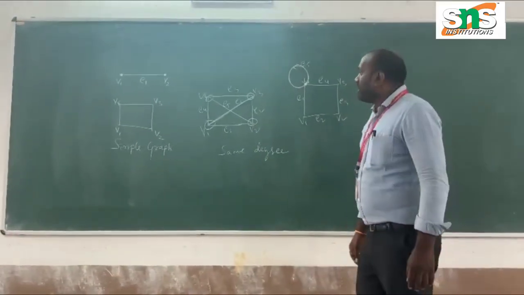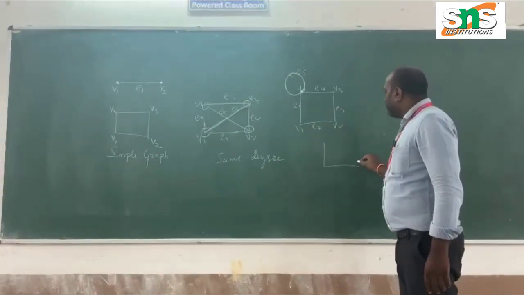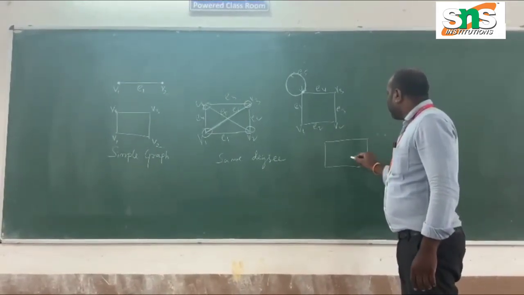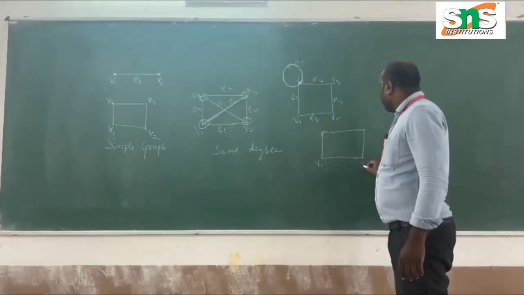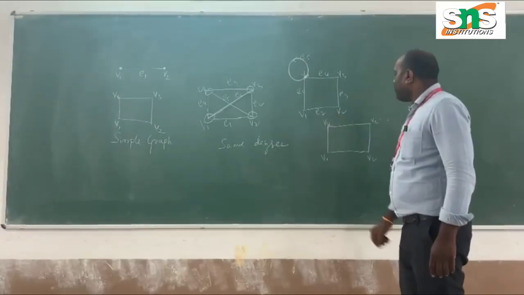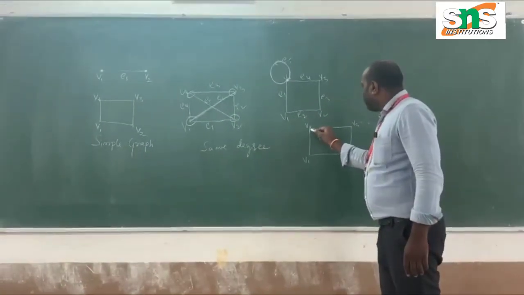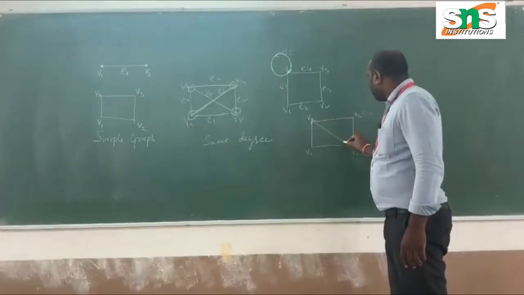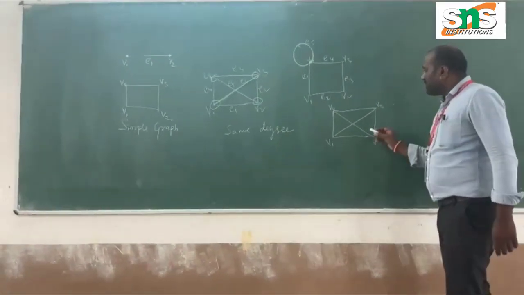Then next one is the complete graph. See, this is an important graph in graph theory. So V1, V2, V3, V4. See, this is a complete graph.